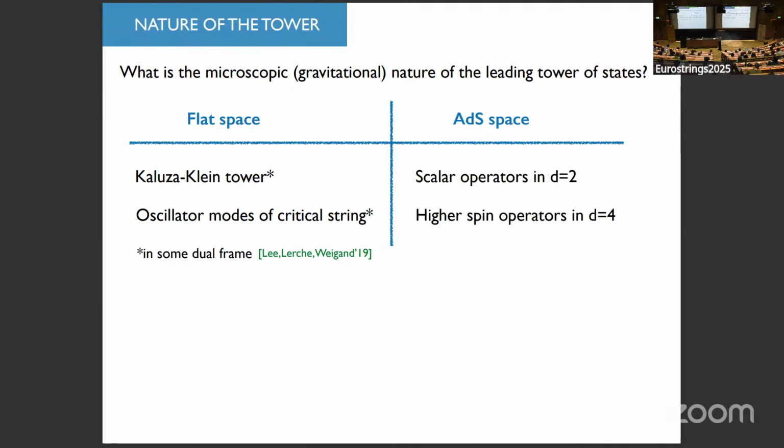Now, what happens in AdS, from the perspective of the CFT? Here the situation seems different, depending on whether I am in 2 or 4 dimensions for the CFT. In the case of 2 dimensions, the story is about scalar operators. In 4 dimensions, it seems to be about higher spin operators. You could ask, okay, what about other dimensions? The point is that in dimension bigger than 4, we only have isolated CFTs.